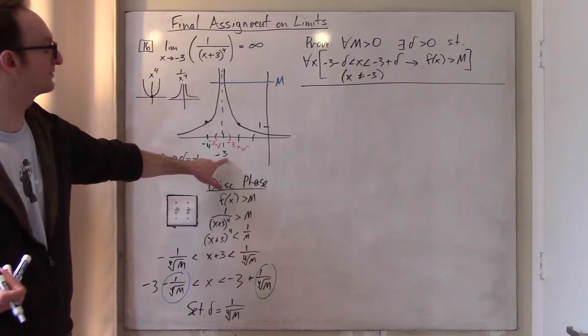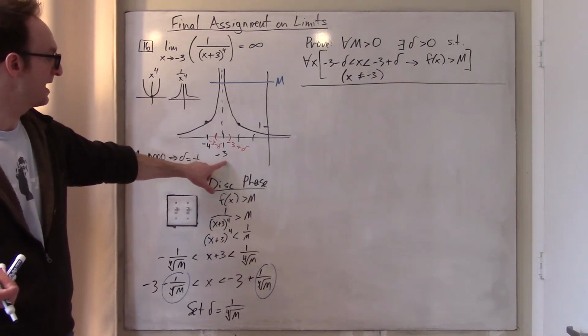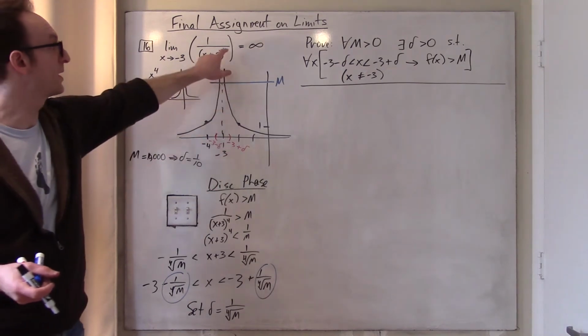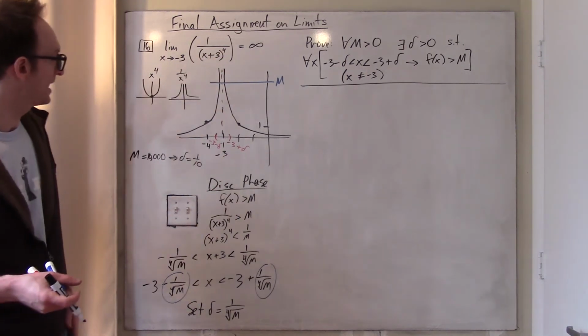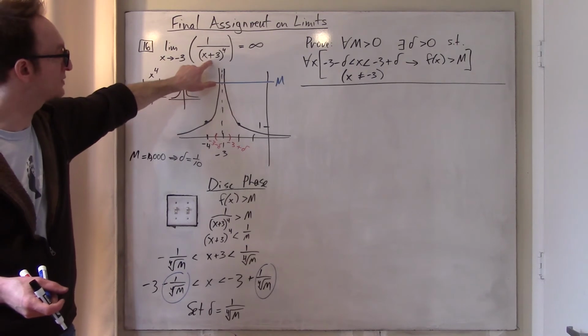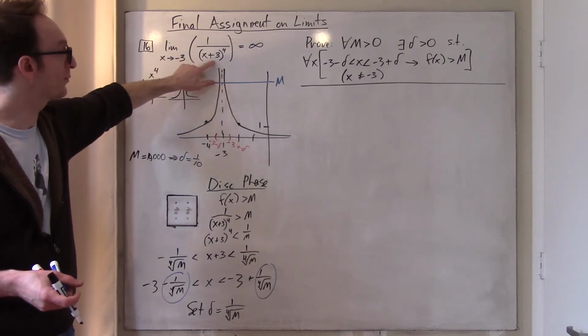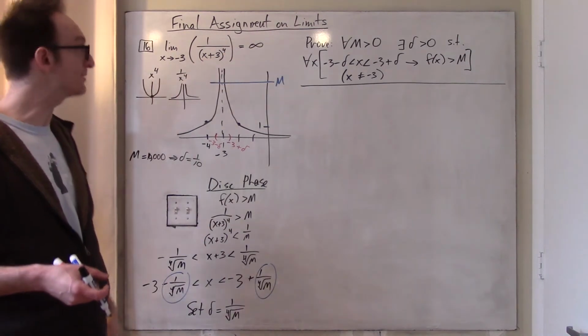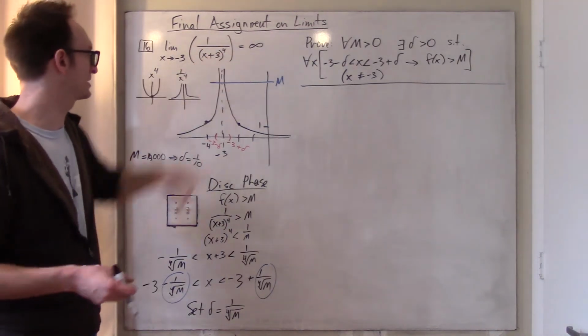1/10 is intuitively how close to -3 I must get, because if the gap between my number and -3 is less than 1/10, then when it gets raised to the fourth power, 1/10 to the fourth is 1 over 10,000, and the reciprocal of that will be bigger than 10,000.